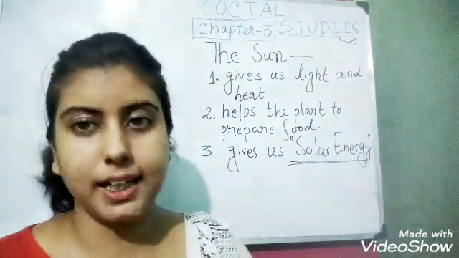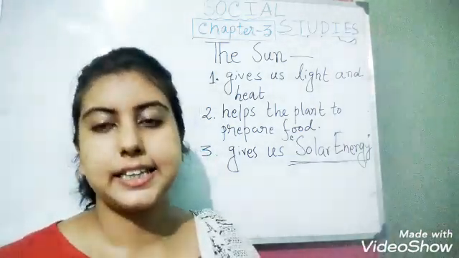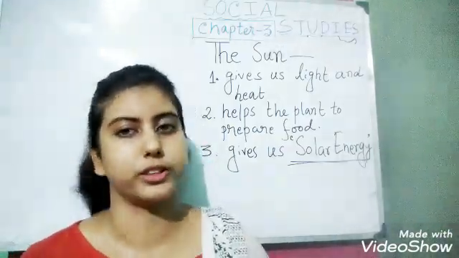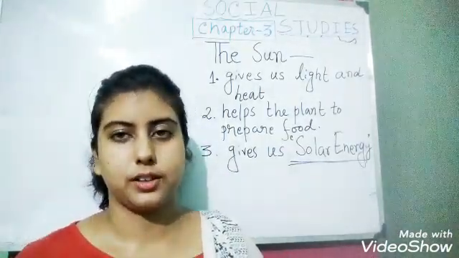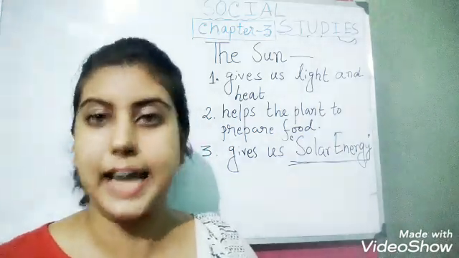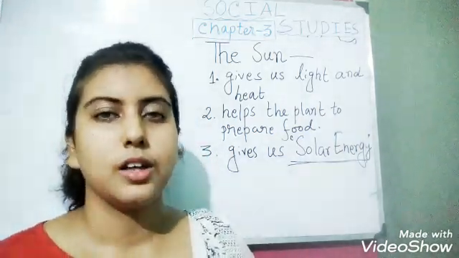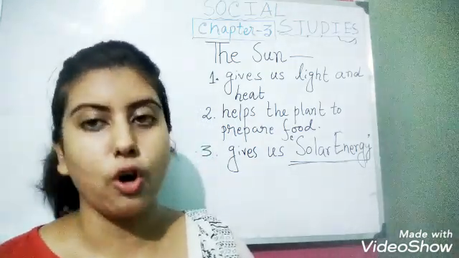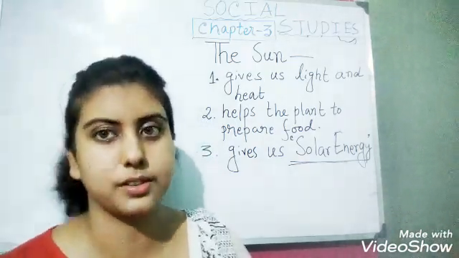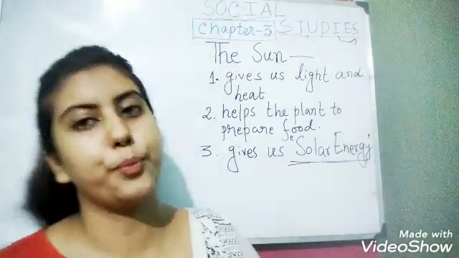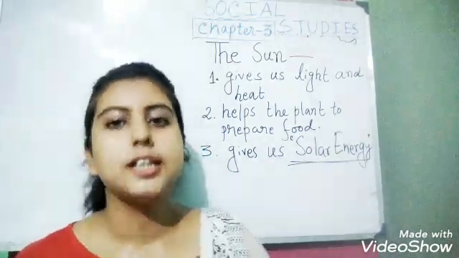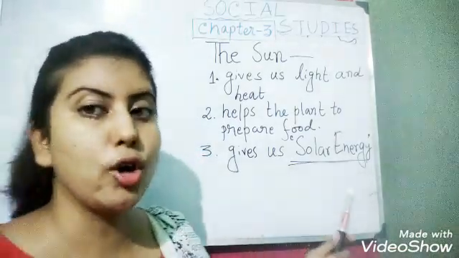But it is sunlight that helps the plants to prepare food. If there was no sunlight, the plants could not prepare food. So, the Sun helps the plants to prepare food. Now, the last point, the Sun gives us solar energy.